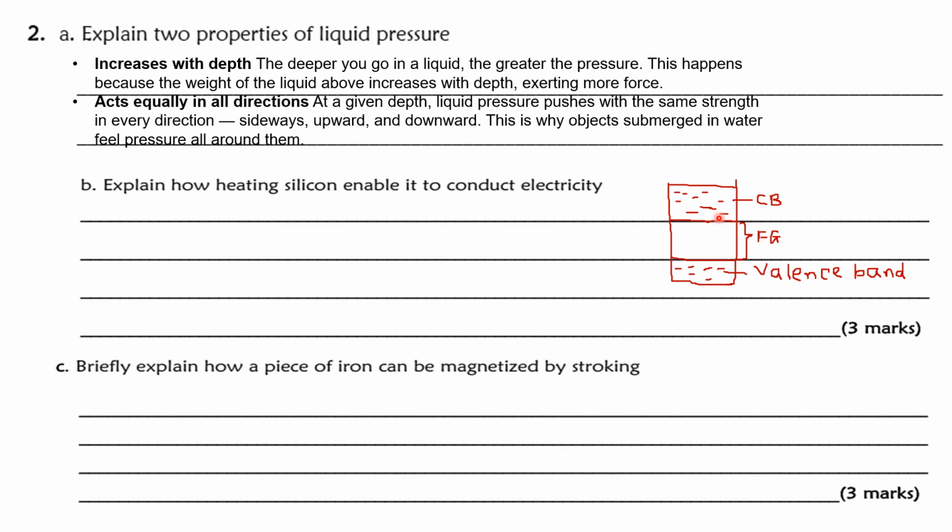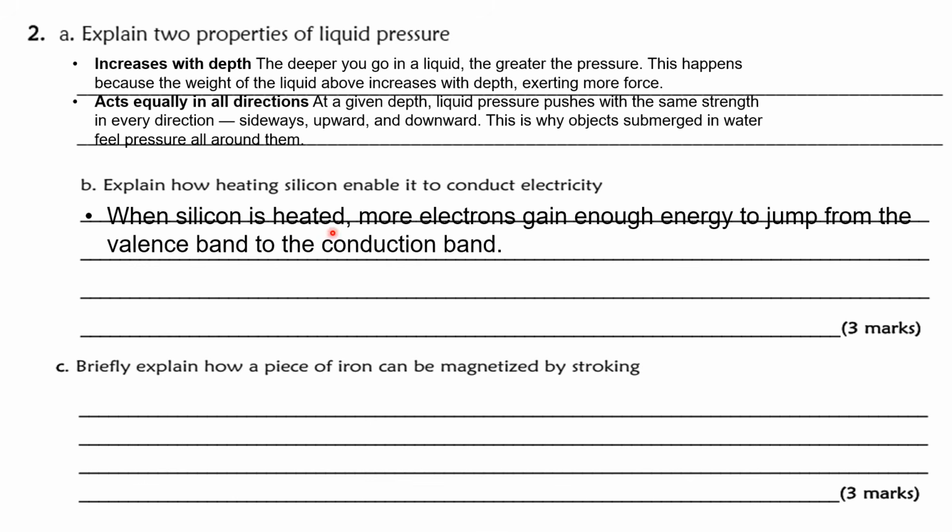Welcome, learners. So 3 marks requires you to explain that when silicon is heated, more electrons gain kinetic energy. This energy is kinetic energy, they are particles. Enough to jump from the valence band to the conduction band. That's 1 mark. So the heat energy will cause them to gain kinetic energy to jump through the forbidden gap to the conduction band.